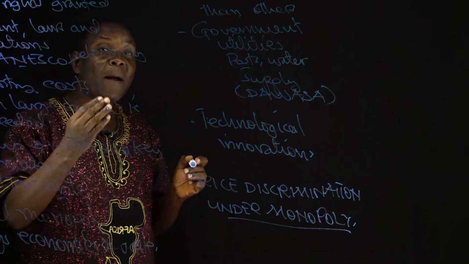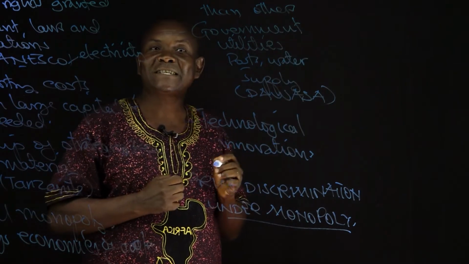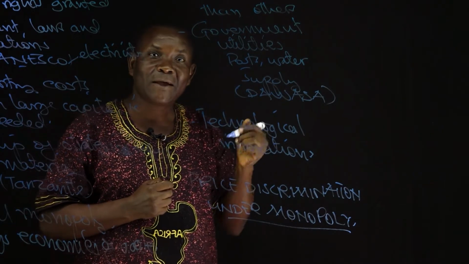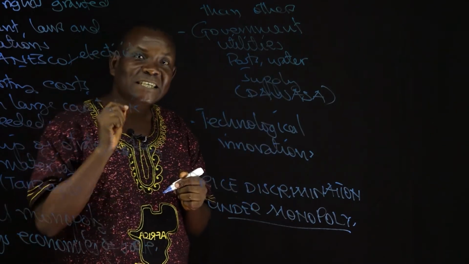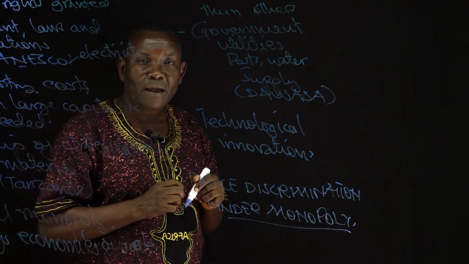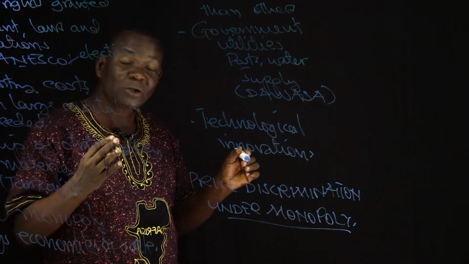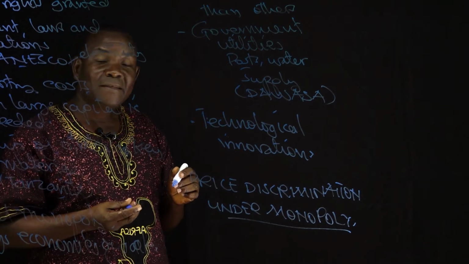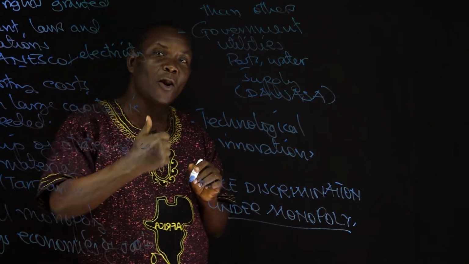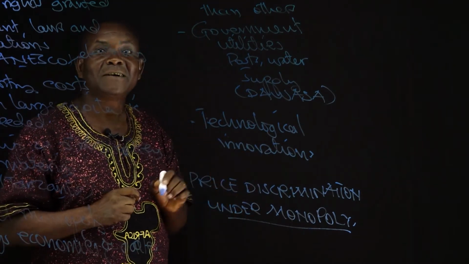You find in public transport, college students pay lower rates, while adults pay higher costs. That is price discrimination. You find that the barber shops charge higher prices to the adults and charge lower prices for the same service to children.